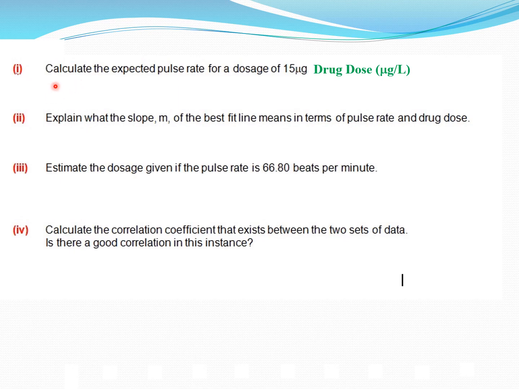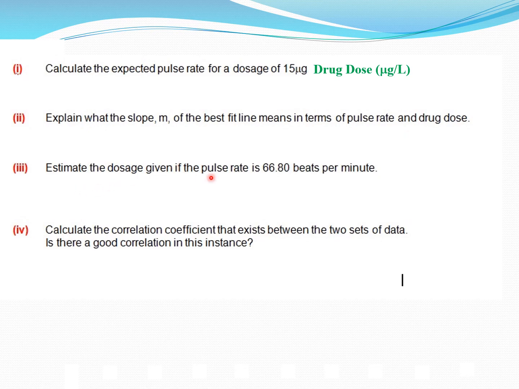Okay, so now here are some applications then to the best fit line. In this particular example, calculate the expected pulse rate if the dosage is 15 micrograms per litre. We could also ask, explain what the slope of the best fit line means in terms of the pulse rate and the drug dose.